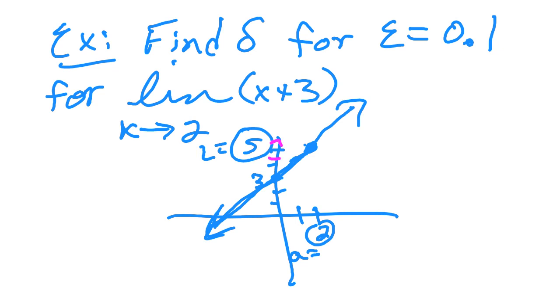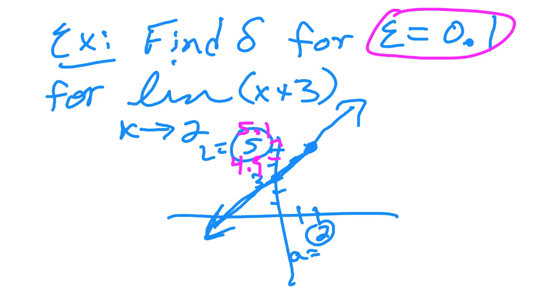What would my epsilon window be? It'd be 0.1 above 5 and 0.1 below 5, so from 4.9 to 5.1.